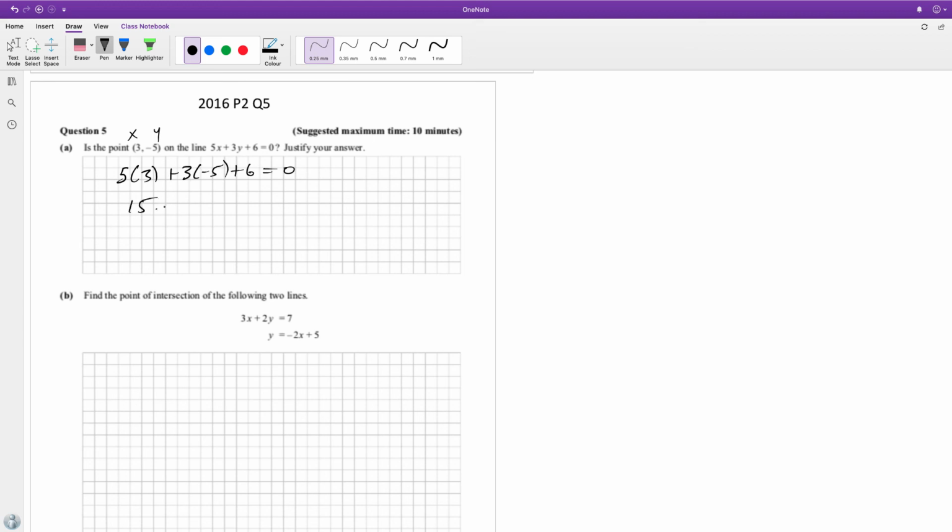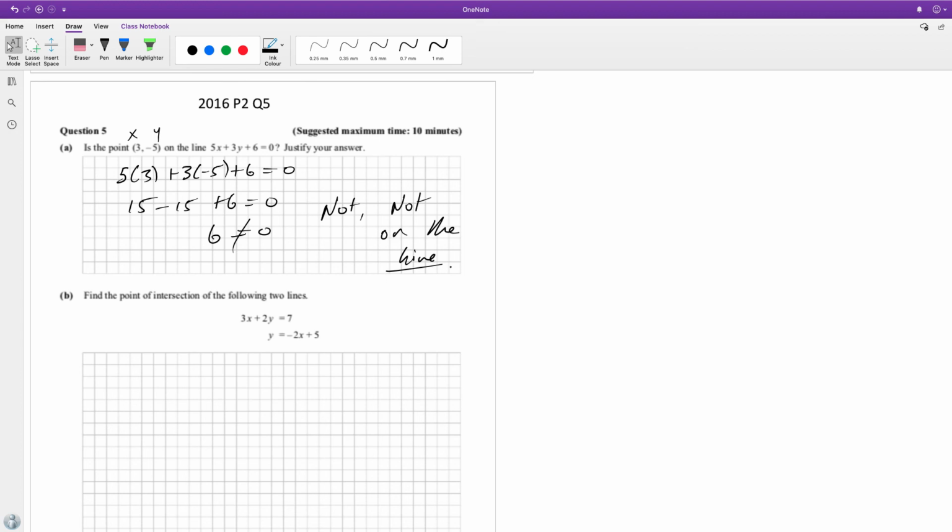We got 15 minus 15 plus 6 equal to 0. We were left with 6 equal to 0 and it's not. So what can we say? Not on the line. That's how you check it. You sub in the values. And if it's equal to what's left, it is on the line. But we were left with 6 and we should have been left with 0. Good girl, Grace. Well done.